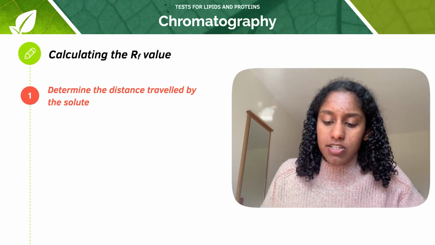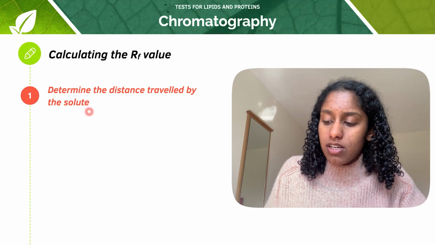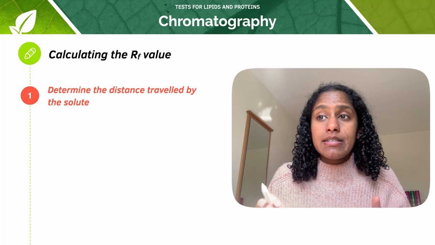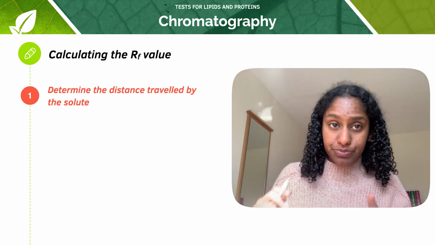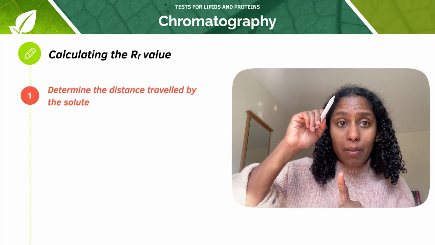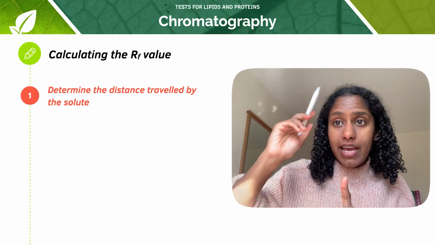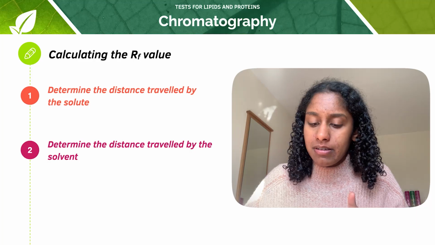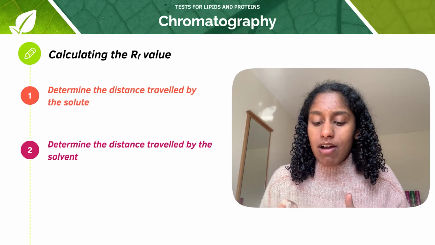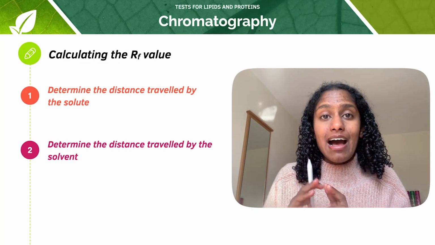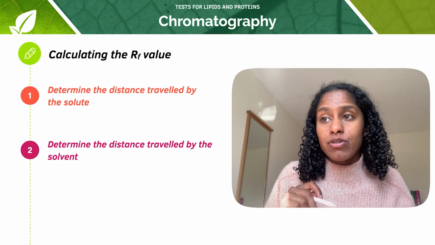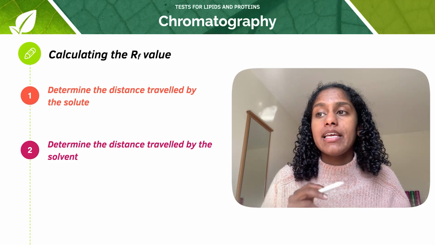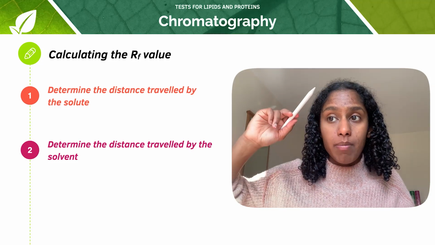So what we do is, first of all, we determine the distance travelled by the solute. So we measure from our point of origin, so our line on our piece of paper, to the centre of its spot. And that's the spot that's travelled up the piece of paper, up the stationary phase. And that's the distance travelled by the solute. And then the distance travelled by the solvent is how far the solvent has travelled up the stationary phase, i.e. the furthest point travelled by the mobile phase.